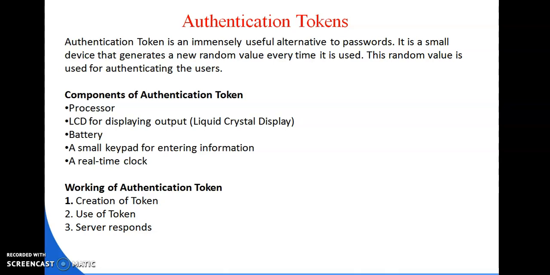This seed is pre-programmed inside the token, and its entry is made against that user's record in the user database. So this is the creation of the token. How is a token created? When an authentication token is created, the corresponding random seed is generated for the token by the authentication server.